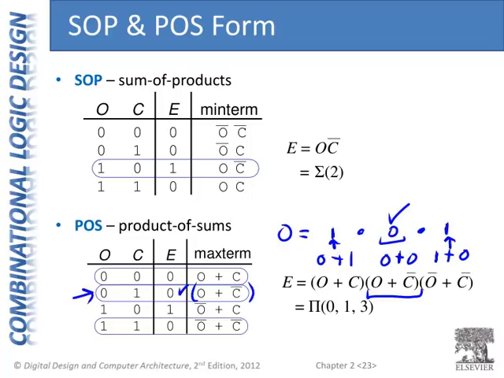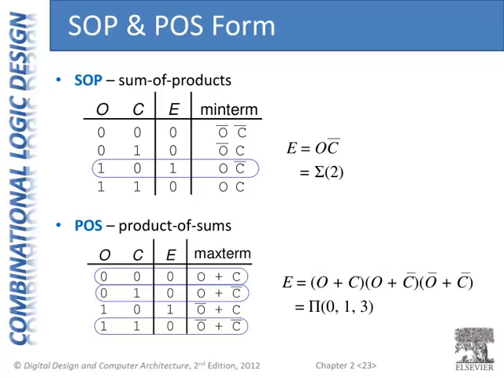And then we can look at the other two combinations. For 1, 0, 1 or 0 is going to evaluate to 1. We're going to get 1 or 0 bar, it's going to be 1.